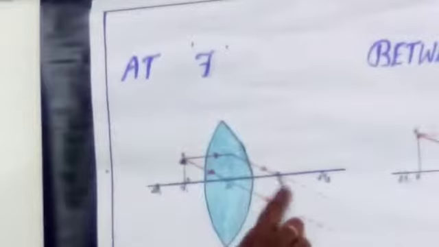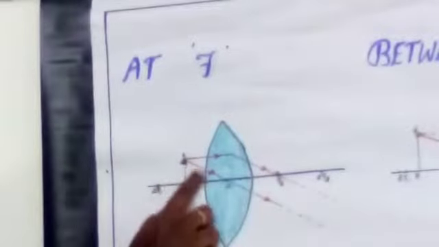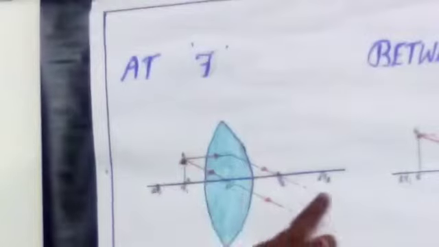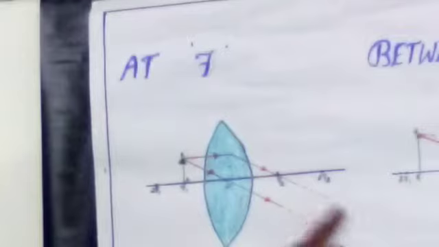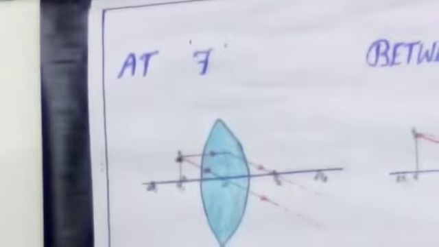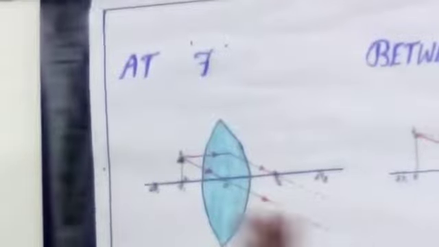The next ray passes through the optic center. So these two rays never meet anywhere here. So the image is forming at infinity. The image is formed at an infinite distance.